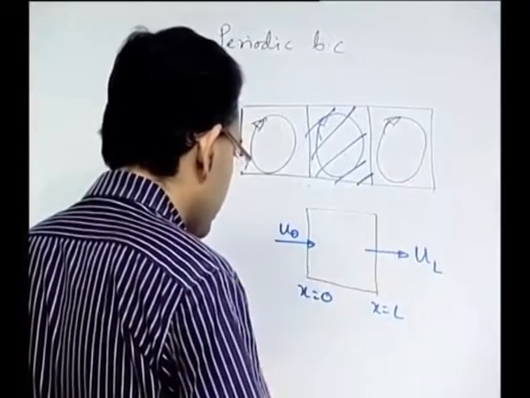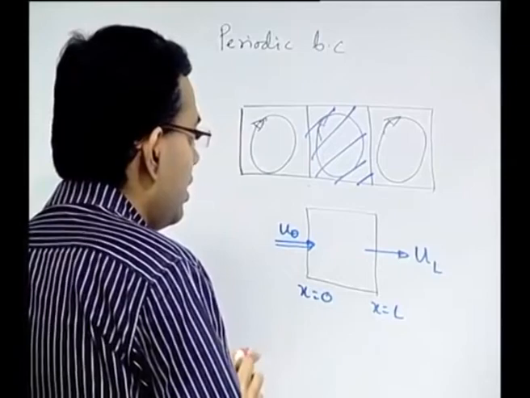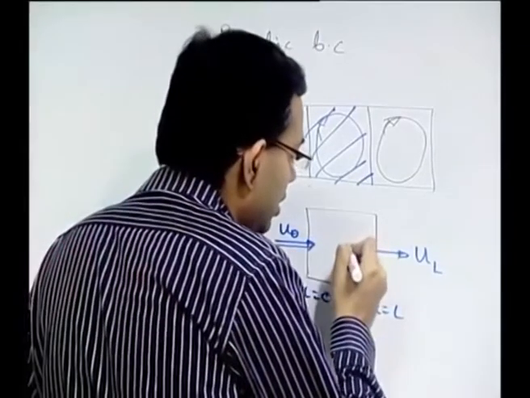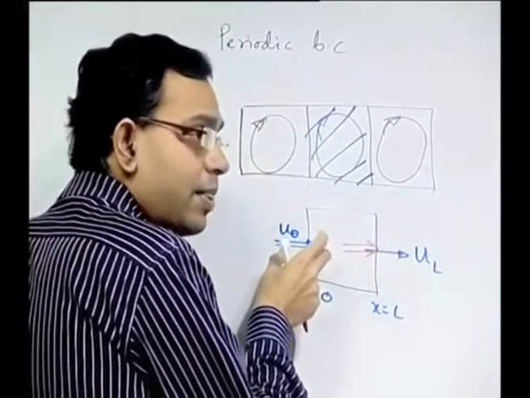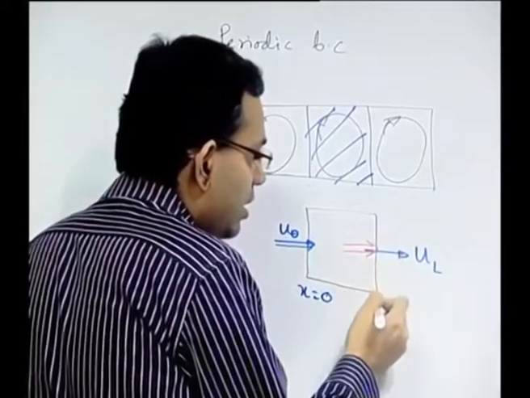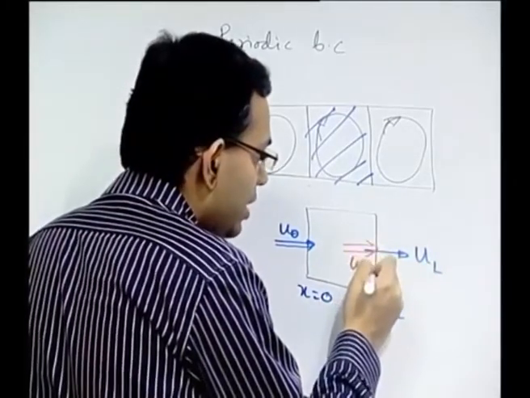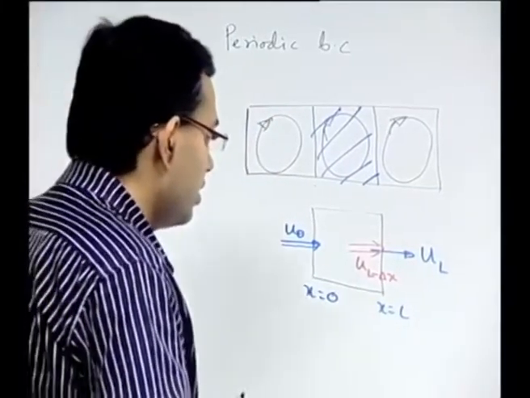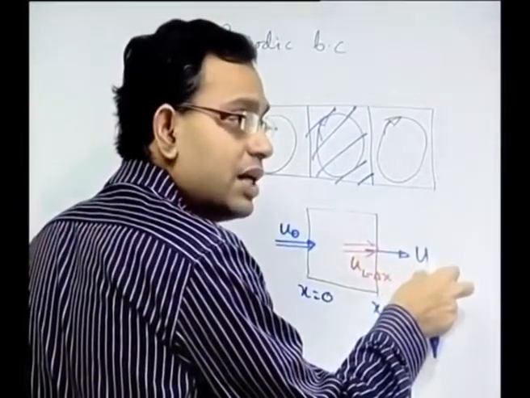That means whatever is the value of U_0, numerically we can say that the same is repeating at x equal to L minus delta x. So U at L minus delta x, and similarly whatever was U at 0 plus delta x, the same U is repeated at L.